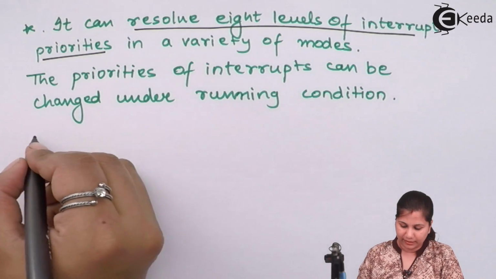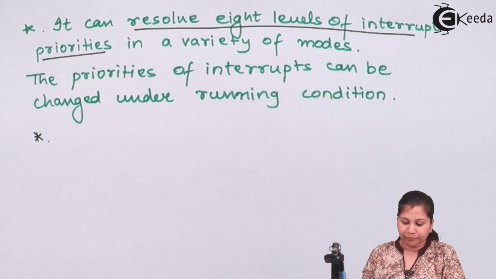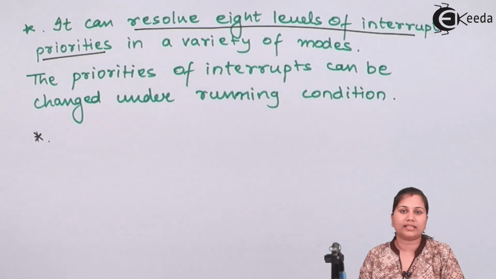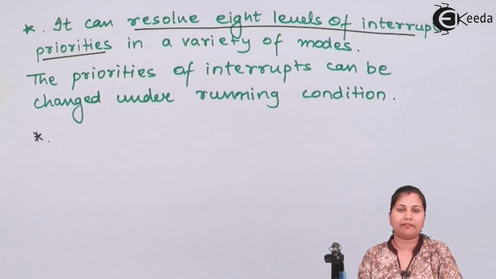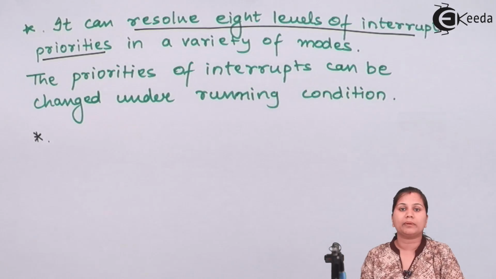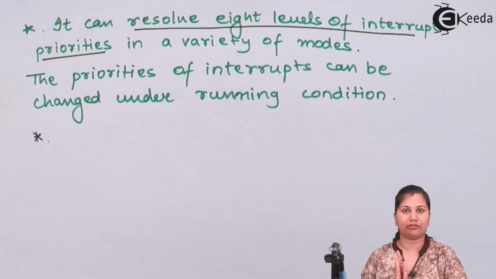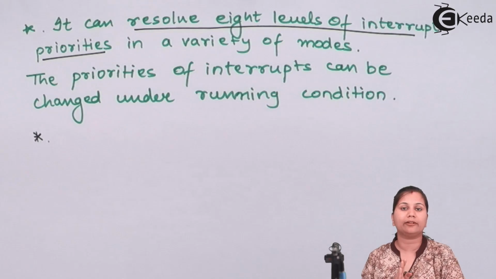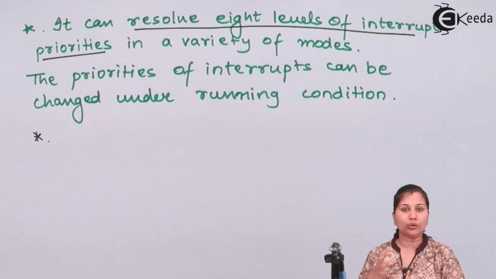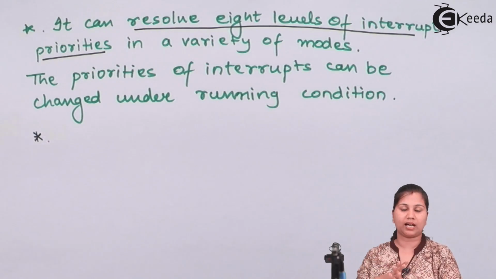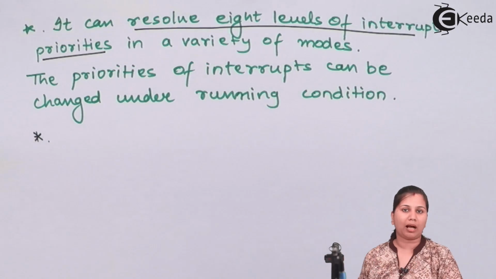Now the next feature is interrupt masking. In case of 8085, we have also studied that the interrupts can be masked. If several interrupts occur simultaneously at the microprocessor interrupt pins, like 4 interrupt requests are given, one of them can be masked.